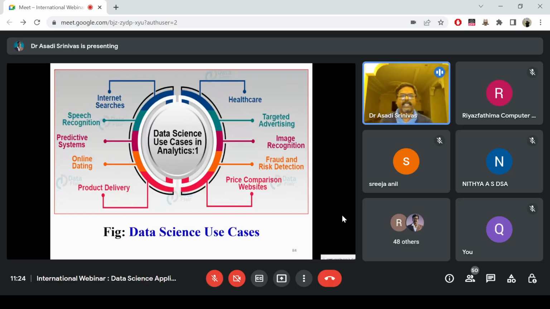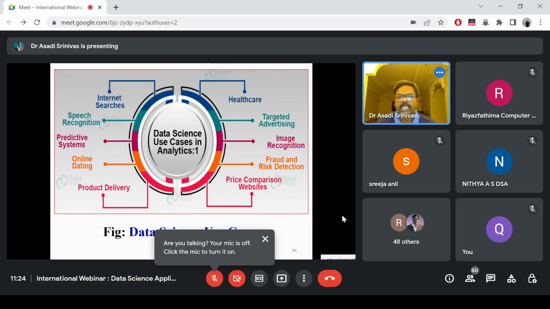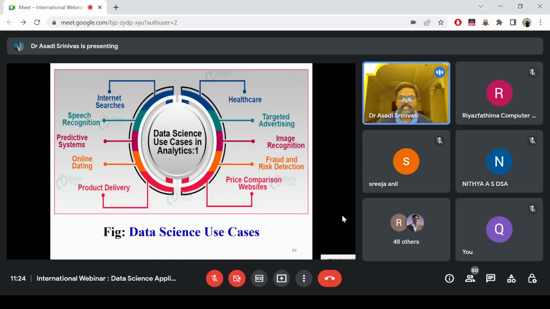I have explained already: healthcare industry, targeted advertising, image recognition, fraud and risk detection, price comparison websites, product delivery, online dating, predictive systems, speech recognition, internet search, etc.